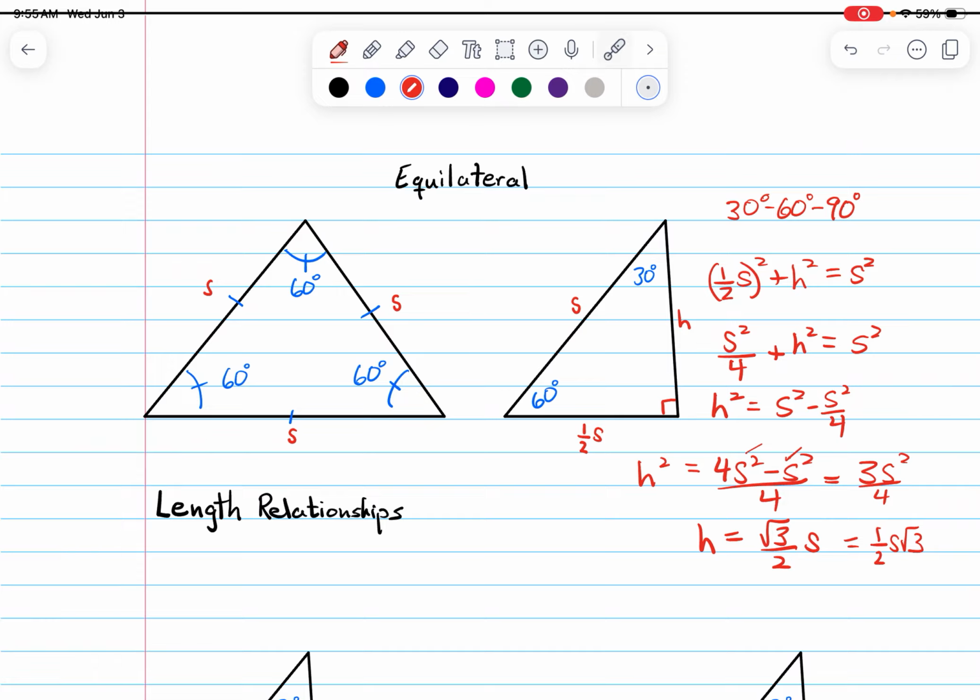Notice we have two angles here, 60 and 30. The side opposite the 30 degrees is 1/2 the side length. The side opposite the 60 degrees is 1/2 the side length, but a little longer, times the square root of 3. So that's an important concept to keep in mind.